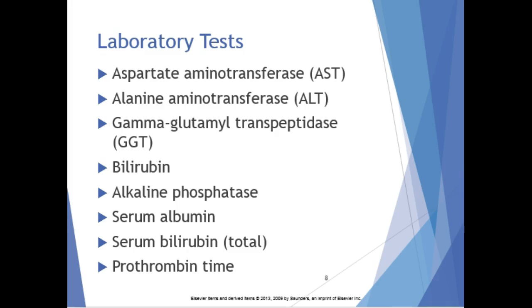Then we have gamma glutamyl transpeptidase, GGT, and that is also going to be elevated. Bilirubin will be elevated. ALK phosphatase will be somewhat elevated. Serum albumin will either be normal or decreased as the liver is affected. The serum bilirubin will be elevated, and the prothrombin time will be prolonged, again as the liver becomes more involved.